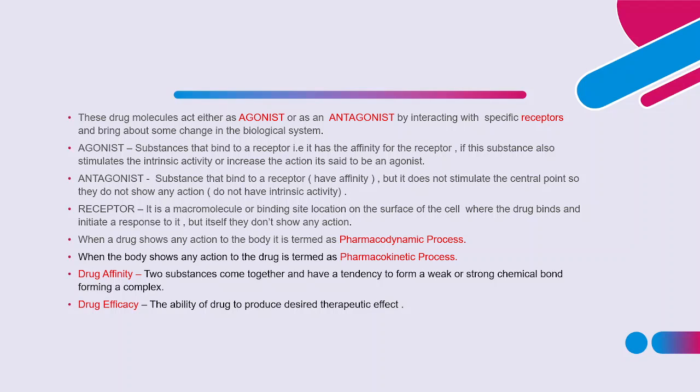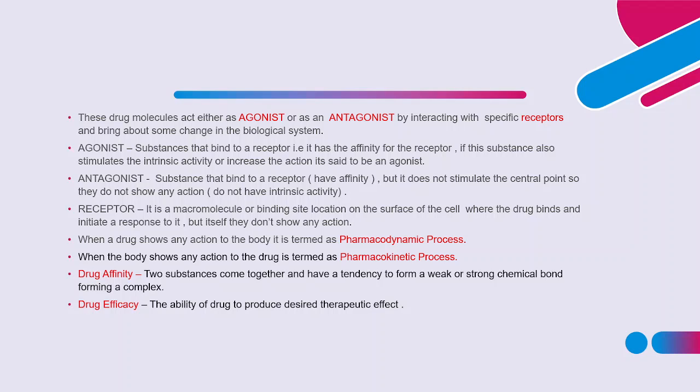When we are going through the terms agonist and antagonist, there are two very important words, that is affinity and intrinsic activity. So what is affinity and what is intrinsic activity? The drug is combining with the receptor. That means both drug and receptor have affinity for each other. They are liking each other. That is why they are combining with each other.